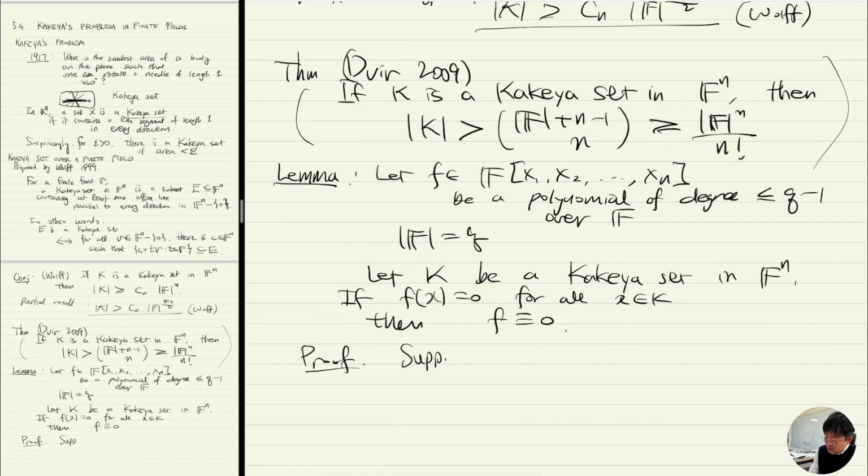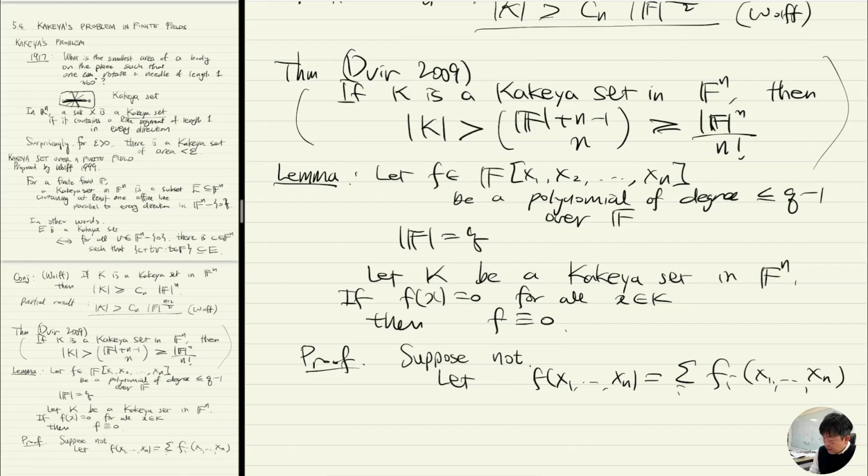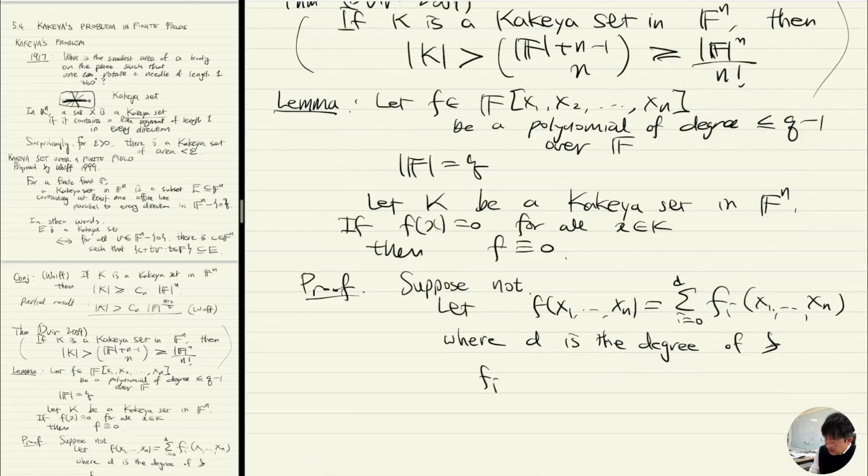So suppose not. Suppose f is not a 0 polynomial. Let us write f of x1 up to xn as a sum of f_i of x1 up to xn, from i equals 0 to d, where d is the degree of f, and f_i is the homogeneous polynomial of degree i.